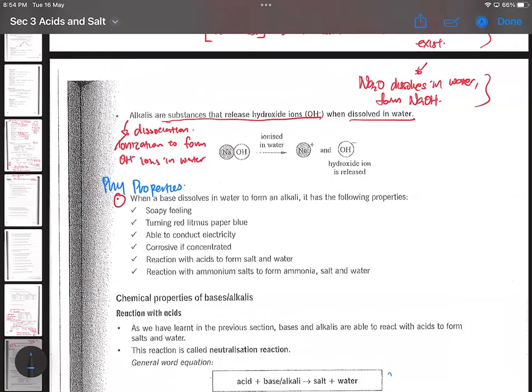Soapy feeling. Yep, number one, soapy feel. Any more? Is ability to conduct electricity physical? Yes. I think other than that, the rest is chemical.